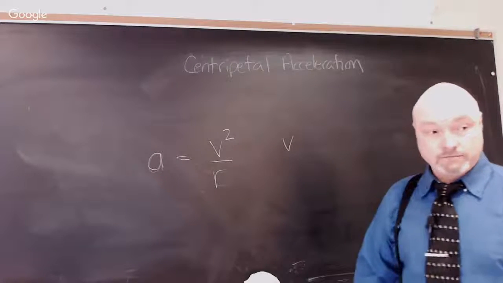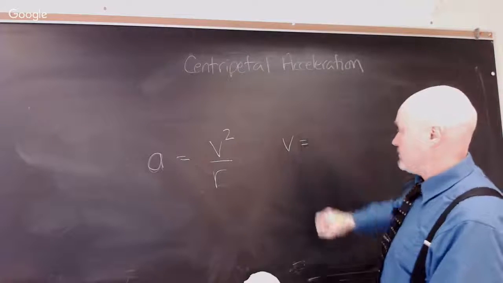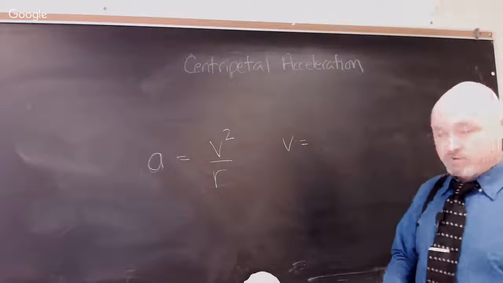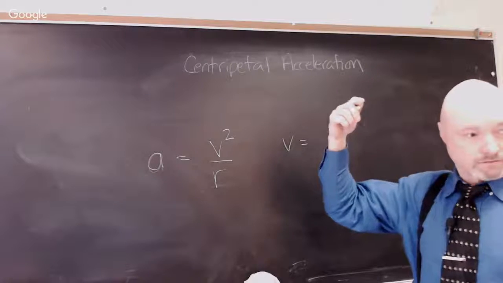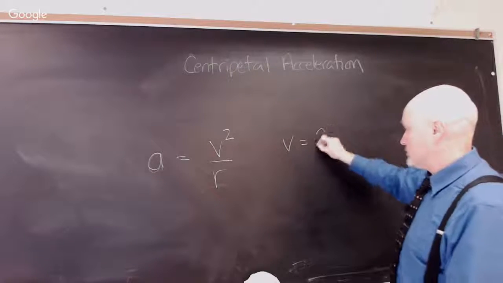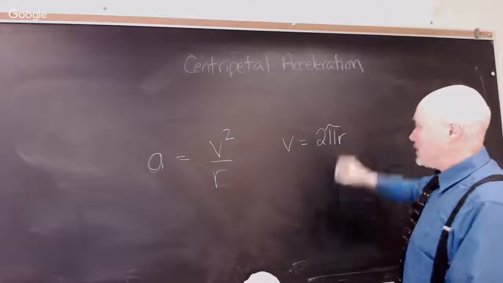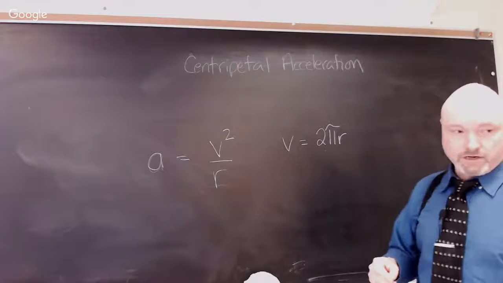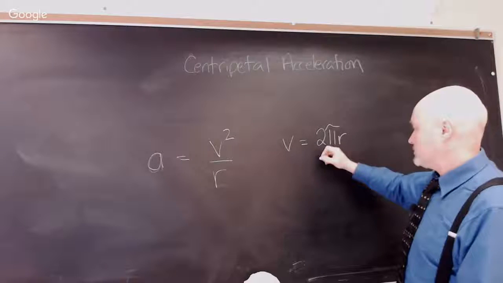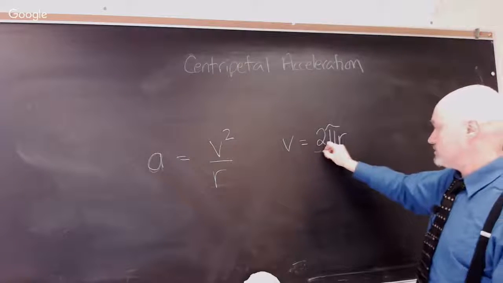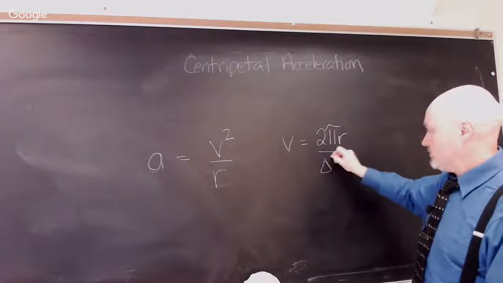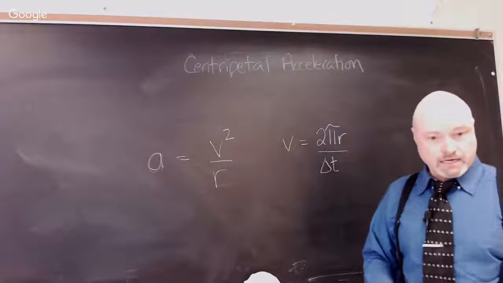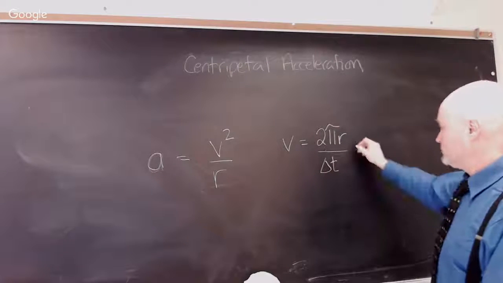So velocity, in this case not the vector quantity, is equal to how far it goes to go around the circle, which is 2 pi r, the formula for the circumference of the circle. In other words, there's the distance around the circle, and that's going to be divided by the amount of time that's required to go around the circle.